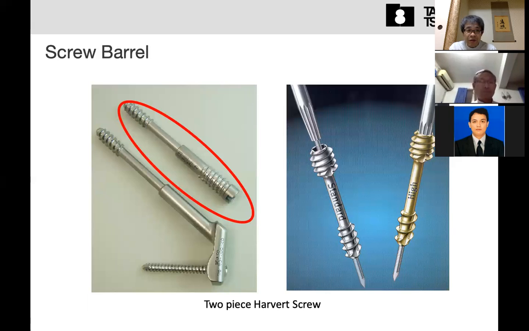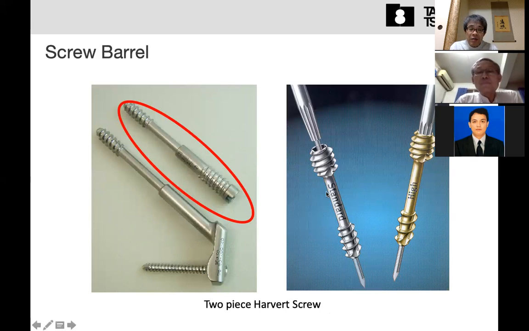So this is a screw barrel. It acts something like the Harvard screw due to the different pitch of this screw thread.